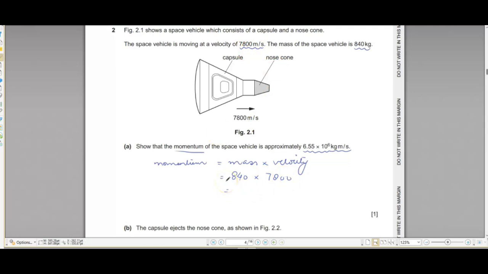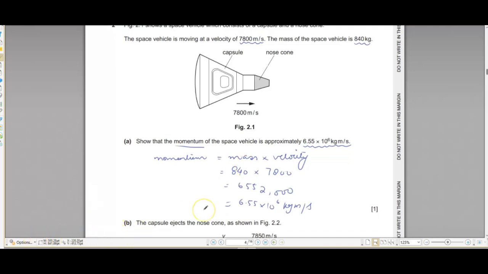So multiplying this is going to give us an answer which is actually equal to 6.55 × 10^6 kg m/s. So we've reached this answer, and that was what we were supposed to do. Okay, so moving on to part B.